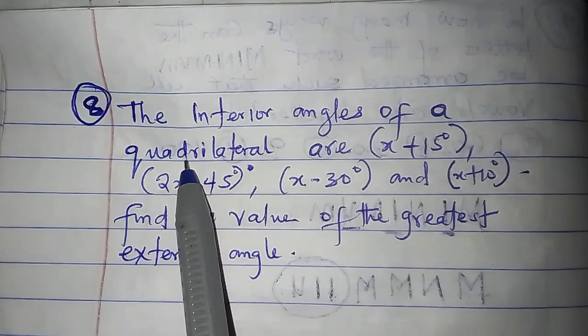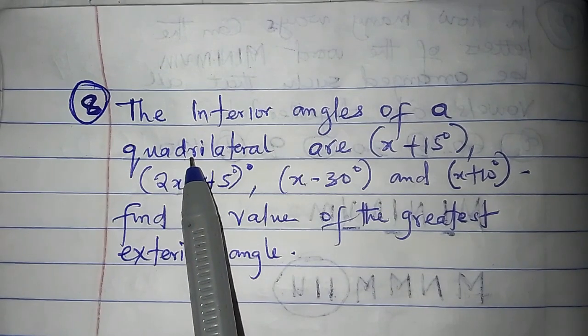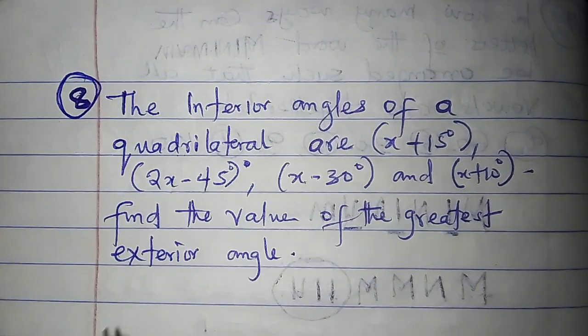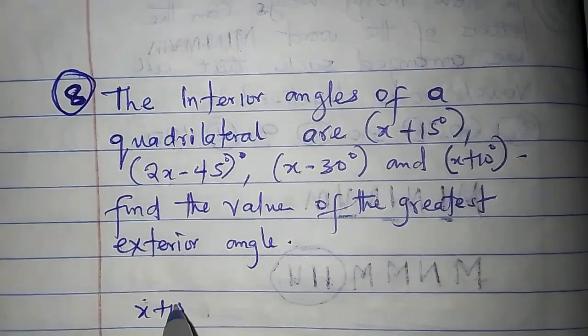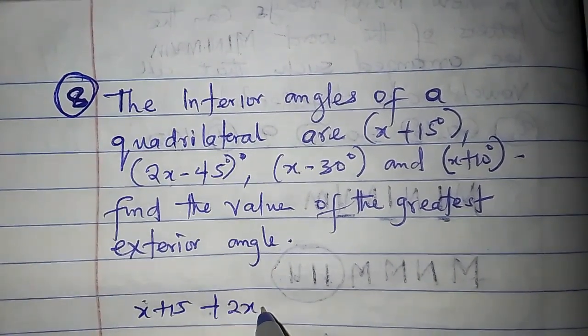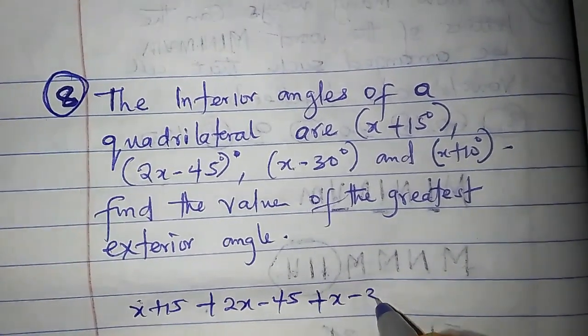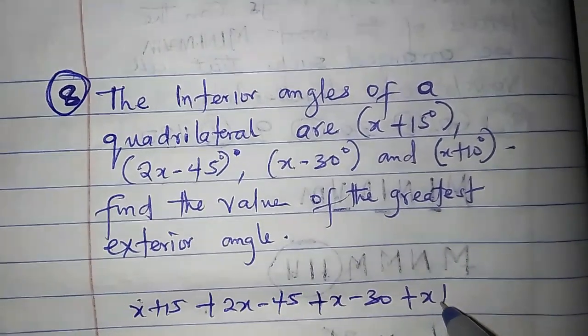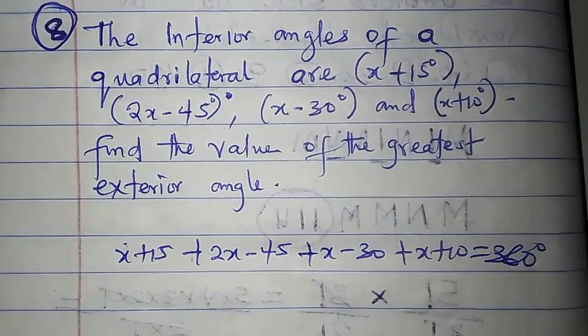This is a quadrilateral, and the sum of interior angles of a quadrilateral is 360 degrees. So it means that x plus 15 plus 2x minus 45 plus x minus 30 plus x plus 10 is 360 degrees.